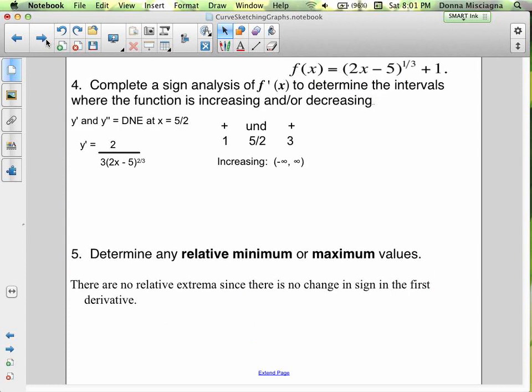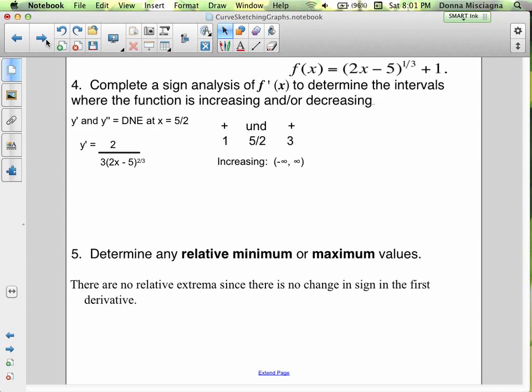If we plug in something greater than 5/2, we still get a positive number. So increasing everywhere, negative infinity to infinity. So 5/2 is not a relative extrema. Right? There are no relative extrema since there's no change in sign in the first derivative. No matter what, it's increasing.